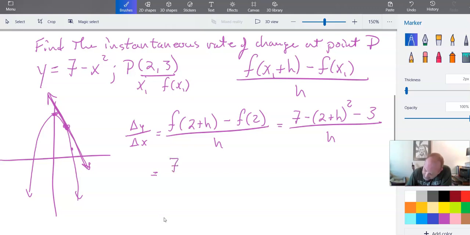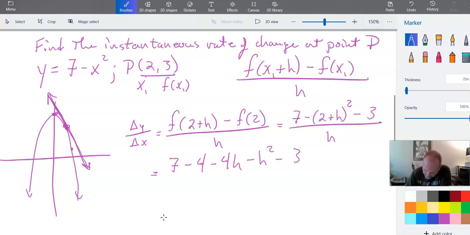This is 7 minus, and I'm just going to go ahead and multiply this out in my head and then multiply the negative in. You guys can fill in the algebra in between on that. So this would be, let's see, that'd be 4 minus 4h minus h squared minus 3, right?